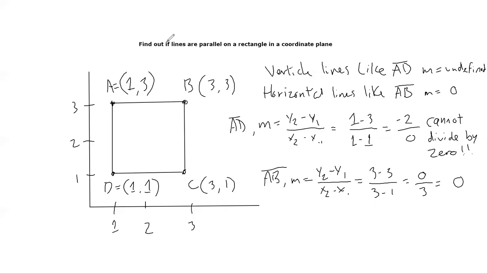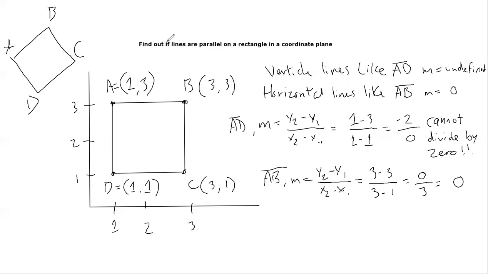Now, obviously the rectangle could be diagonal, and that would be a different story. If it was kind of like a diamond shape, and it looked more like this, you can 100% use the slope formula and find the slope of all these lines, because all these lines have slopes.